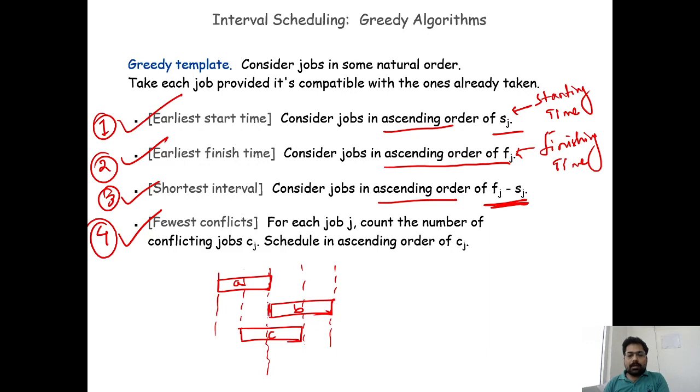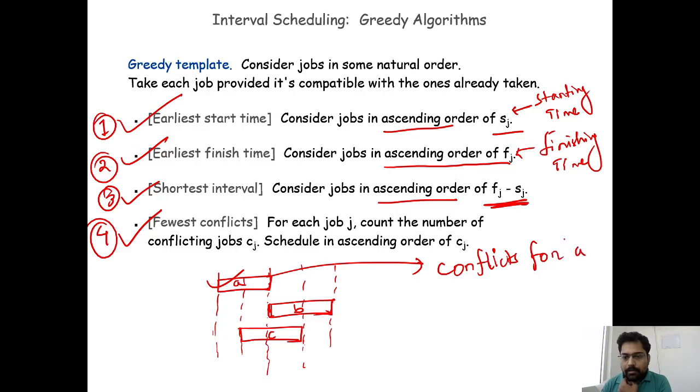So in that case, what happens is, for the conflicts, if I select A, then the one I have to ignore is C only.